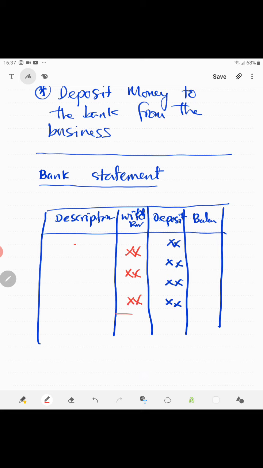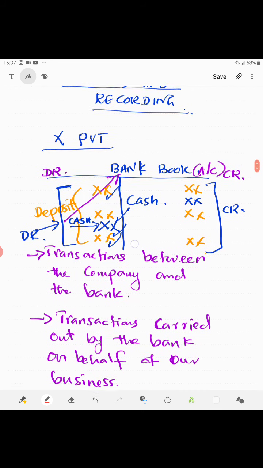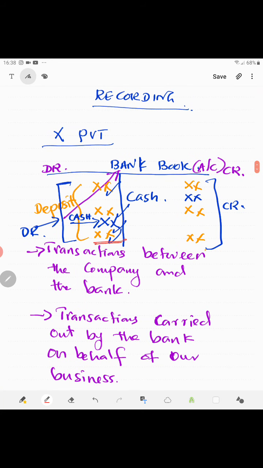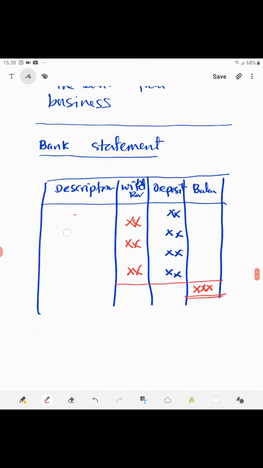What is most important is that at the end of these transactions, the bank will have the balance of the available funds for the business in the bank statement, whereas the cash book or bank book will also arrive at the balance that should be available within the bank. Fine, this is the normal situation.